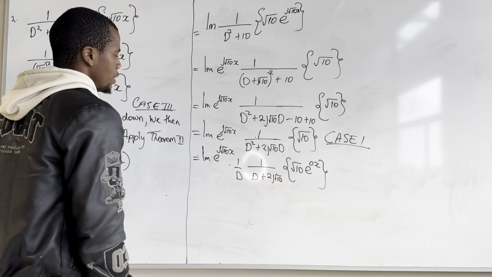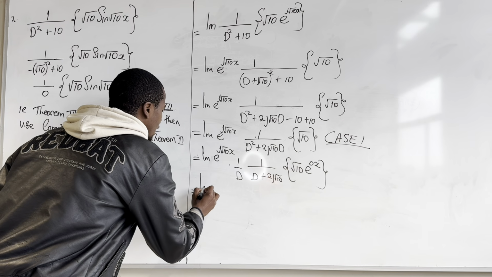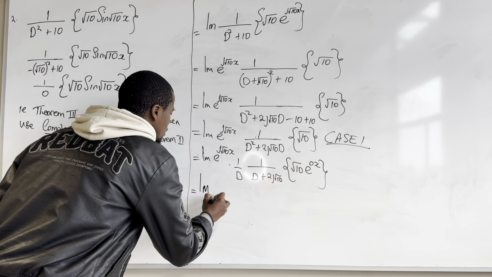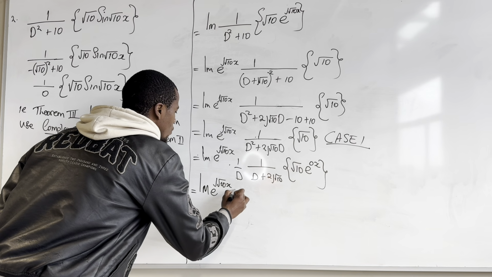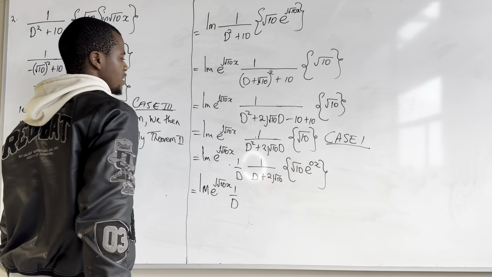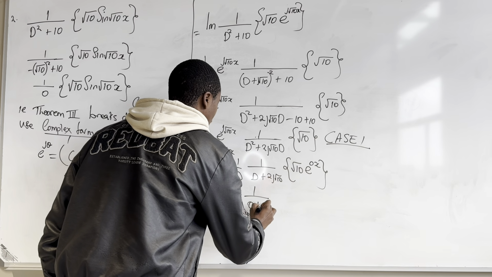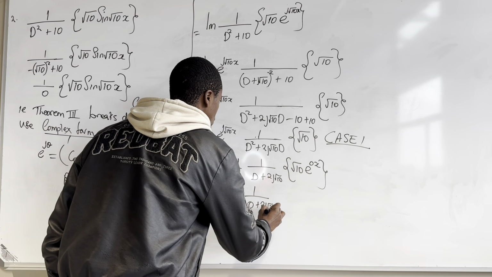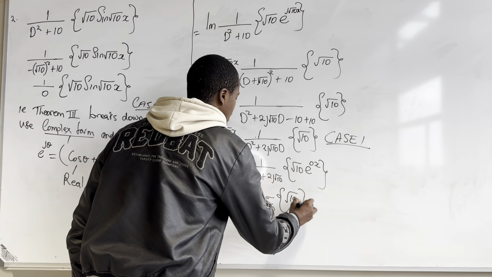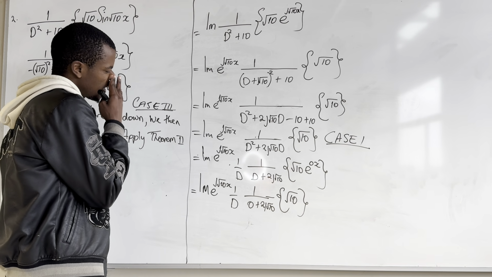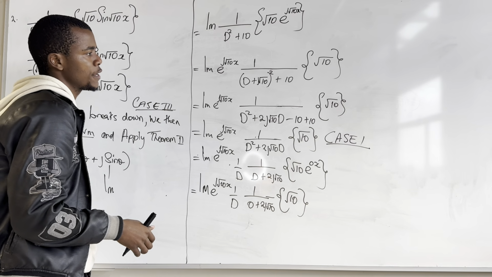And then from here we apply theorem 1. So when we apply theorem 1, we will have the imaginary part of e to the power of j root 10x, and then we have 1 over d, and then 1 over 0 plus 2j root 10, and then we have a remainder of root 10.